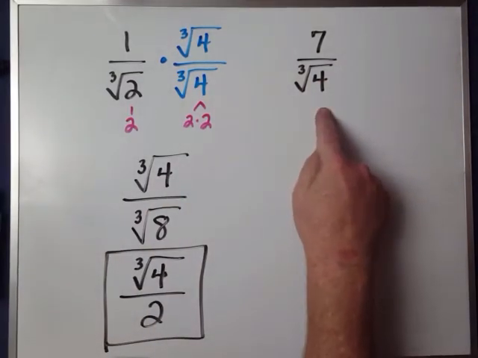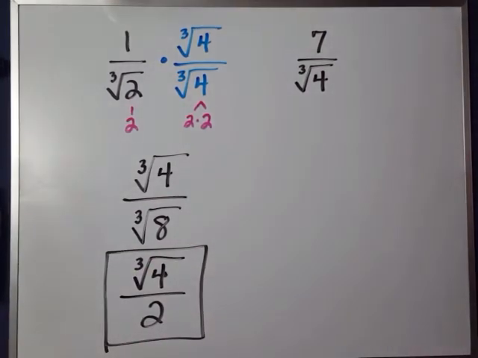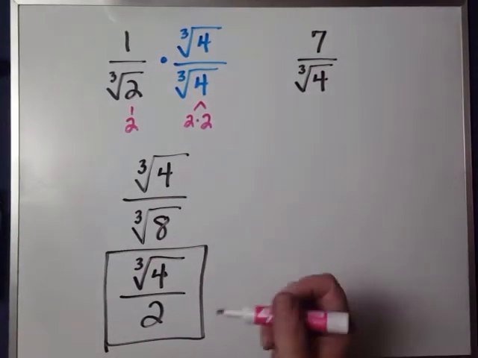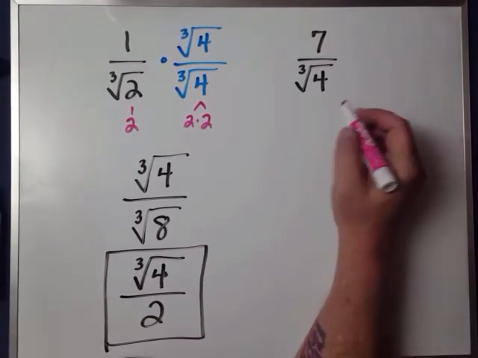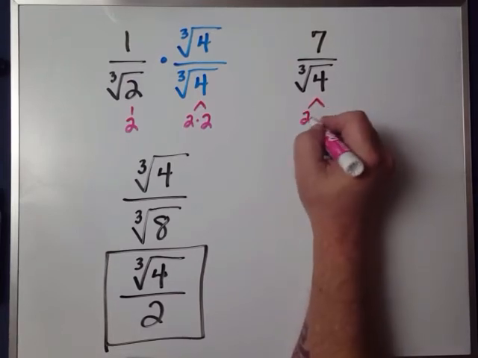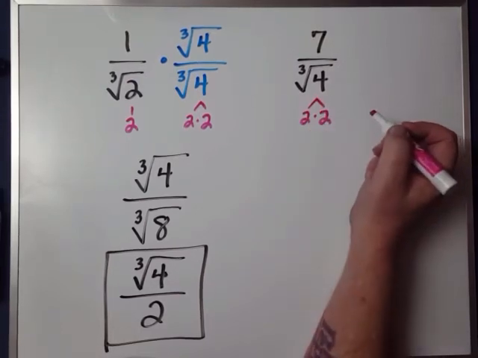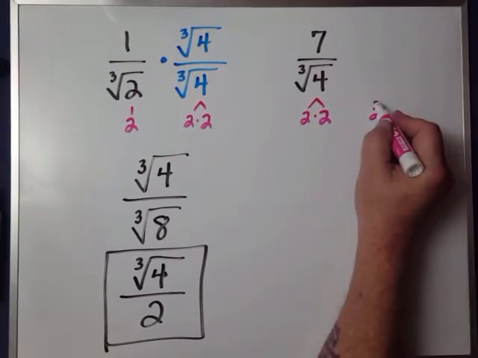Multiplying top and bottom by cube root of 4 isn't going to get me anywhere. What I'll do is I'll say, what is the smallest perfect cube that contains 4 as a factor? And I think an easier way to do that is to say, what is this 4? It's a pair of 2's already. So what do I need? I need one more 2.